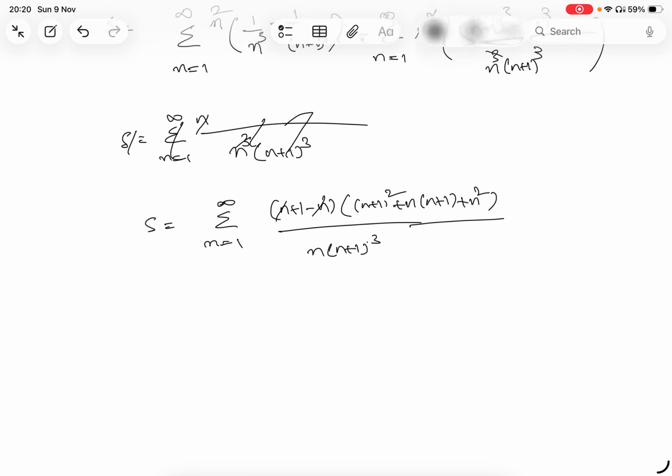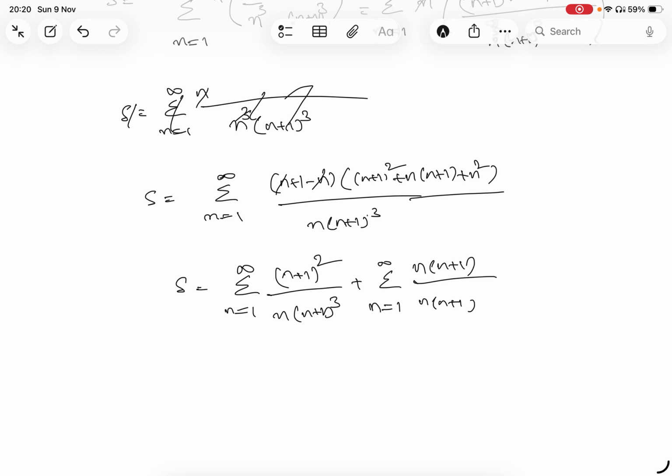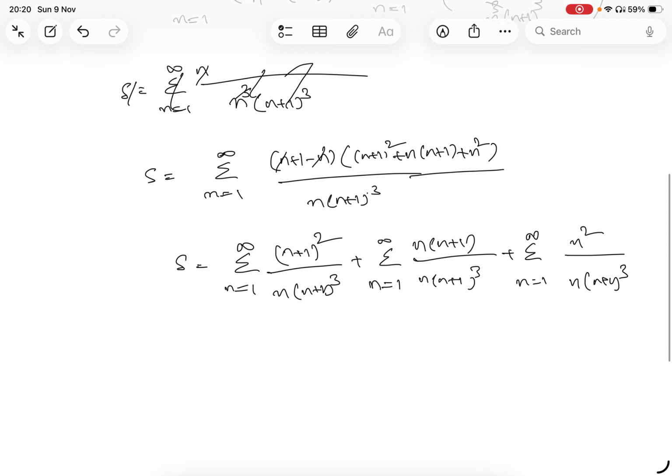Now this n will get cancelled, so S will become summation n equal to 1 to infinity n plus 1 whole square by n into n plus 1 whole cube, plus summation n equal to 1 to infinity, the second term is n into n plus 1 by n into n plus 1 whole cube, plus the third term is summation n equal to 1 to infinity n square by n into n plus 1 whole cube.